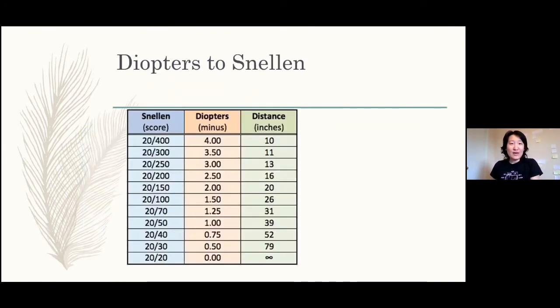So, converting diopter to the Snellen 20/20 score. These are minus diopters. It gives you a bit of an idea of what it means. 20/20 means if something is 20 feet away, as a normal person with perfect vision, you would see it as a person who's 20 feet away. -4 diopter, so you're going pretty high. -4 means that if something is 20 feet away, somebody with perfect vision can see it as if it was 400 feet away.